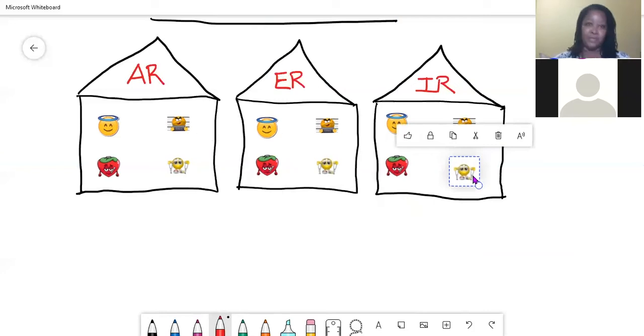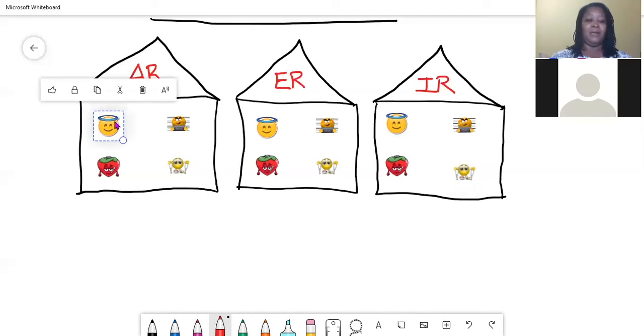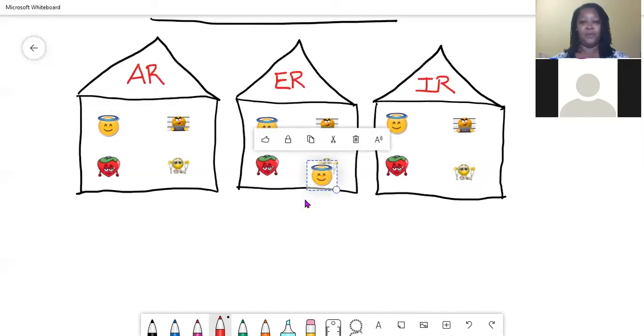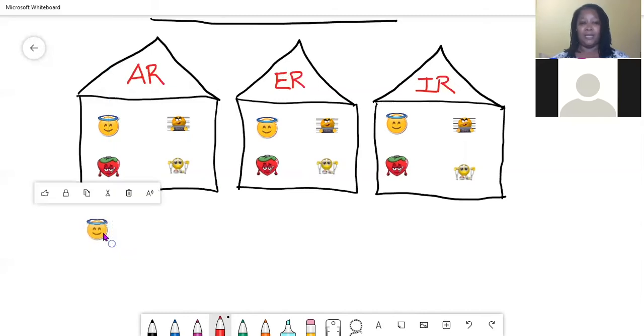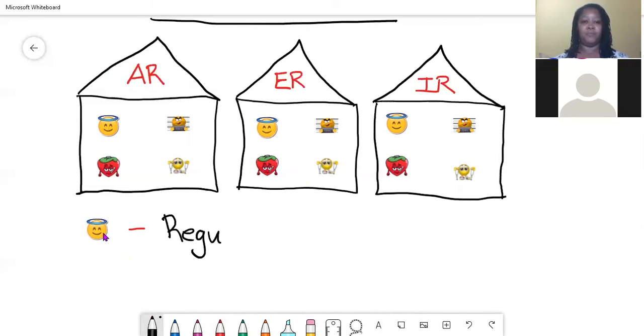Now let's talk about these three families a little bit. When we speak about the angelic being, let's grab another one of these and put it right down here. When we speak about the angelic being, what we're talking about is what is called regular verbs.